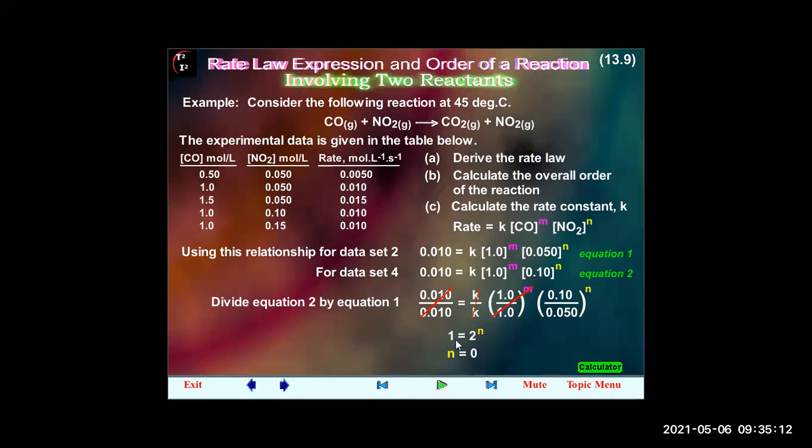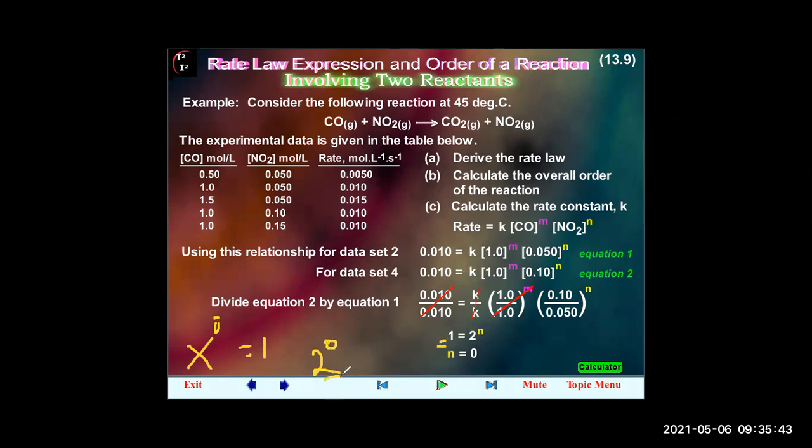All right, you'll be wondering why 1 equals 2 raised to power n and n equals 0. Remember, anything raised to power 0 is always 1. So in other words, x raised to power 0 equals 1. So what we are trying to say here is 2 raised to power 0 equals this 1.